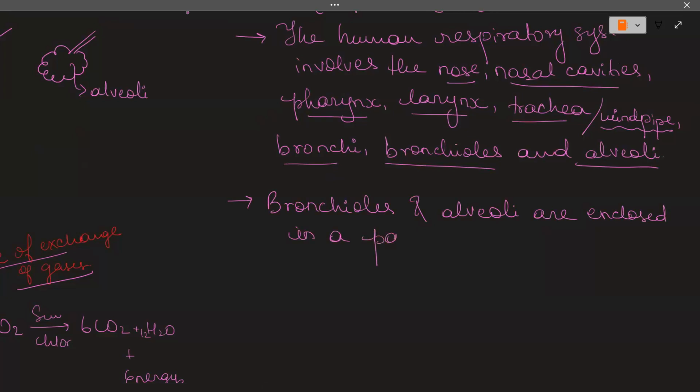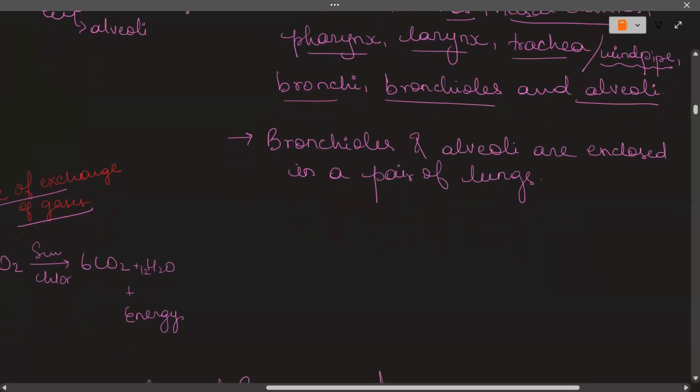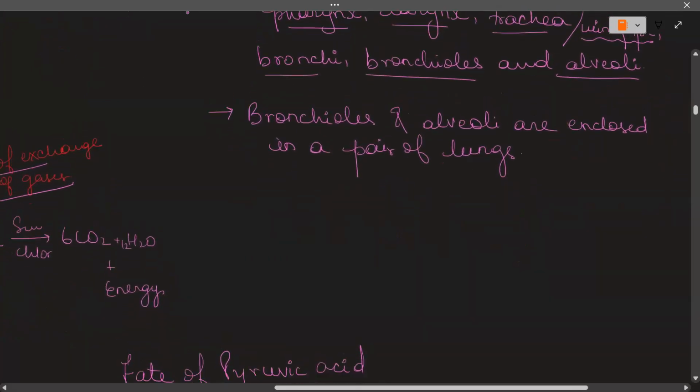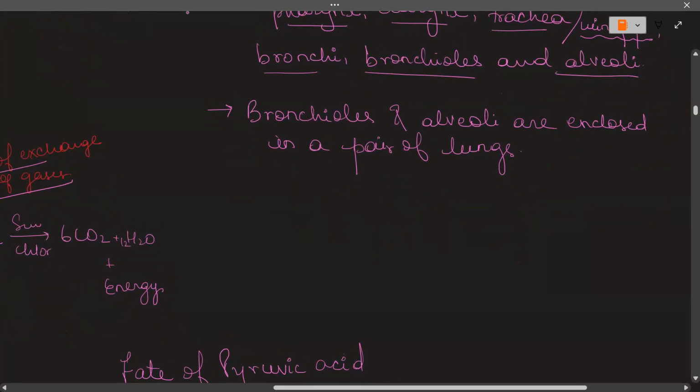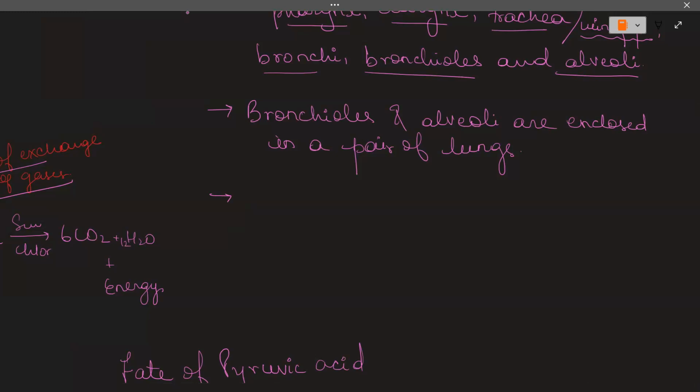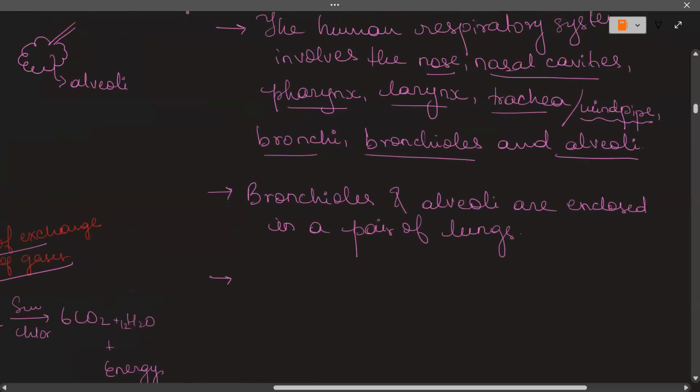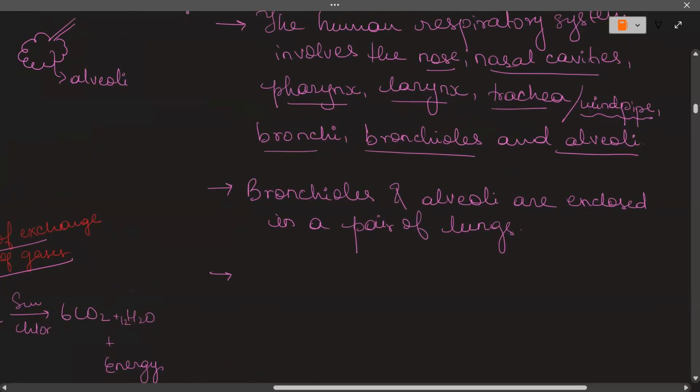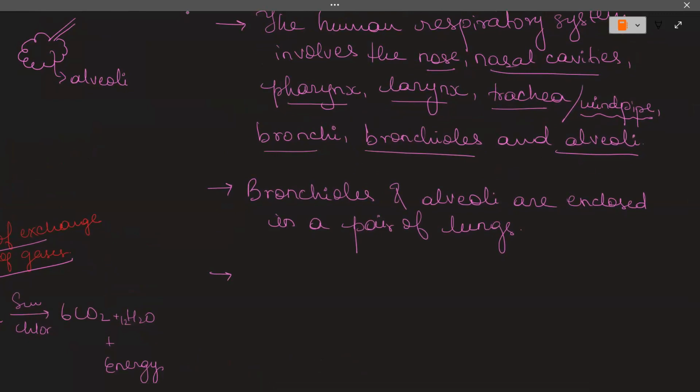We have lungs, right? Everyone has lungs? Yeah. So the bronchioles and the alveoli, only these two structures are present in the lung area of our body. Now, apart from the conducting structures and all the structures that are present in the human respiratory system, we also have the rib cage. We also have certain muscles, and we also have a diaphragm.